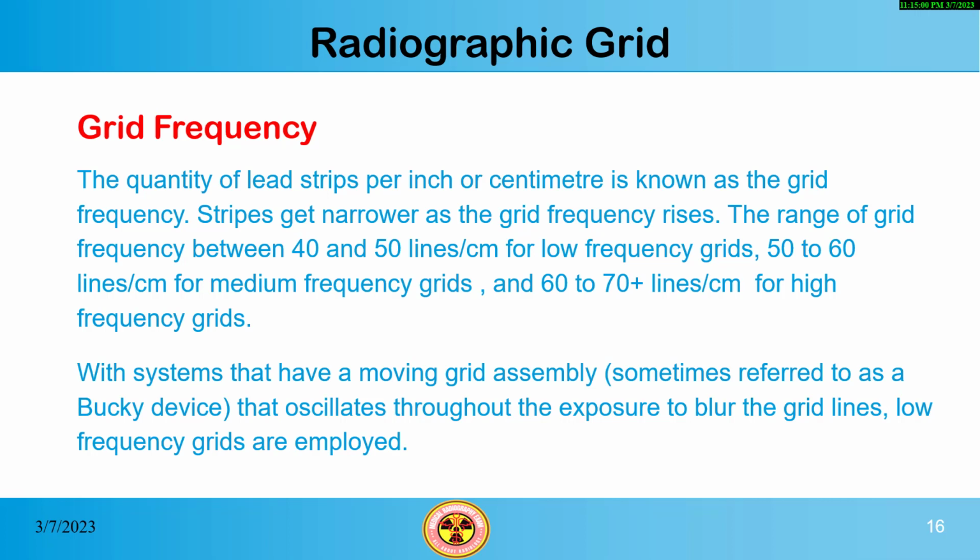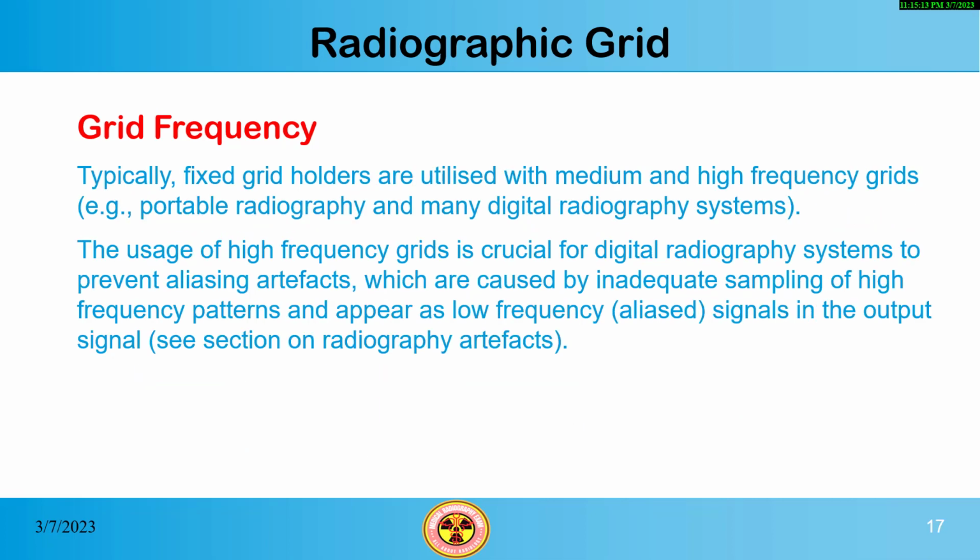With systems that have a moving grid assembly, sometimes referred to as a Bucky device, that oscillates throughout the exposure to blur the grid lines, low-frequency grids are employed. Typically, fixed grid holders are utilized with medium and high-frequency grids, for example, portable radiography and many digital radiography systems.